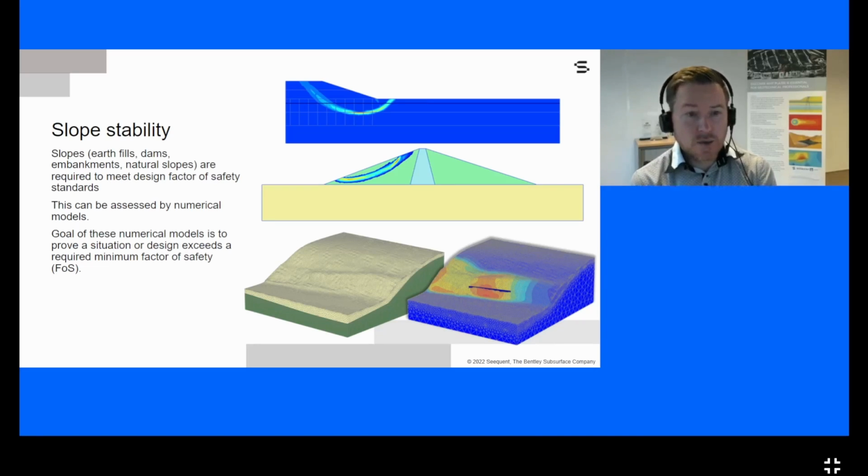Now we can assess this by numerical models. We already discussed this a little bit in the poll. The goal of these numerical models is to prove that the situation that we have exceeds a required minimum factor of safety. Of course, for the ideal situation, especially if you have to design something, you want to be really close to your factor of safety, but at least the design should have a minimum factor of safety to make sure that it is a safe design, and that will be approved by local authorities to actually be a safe design.